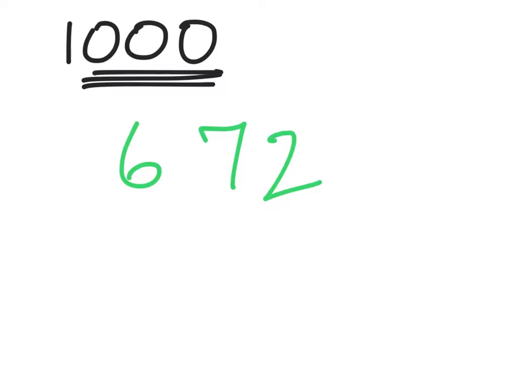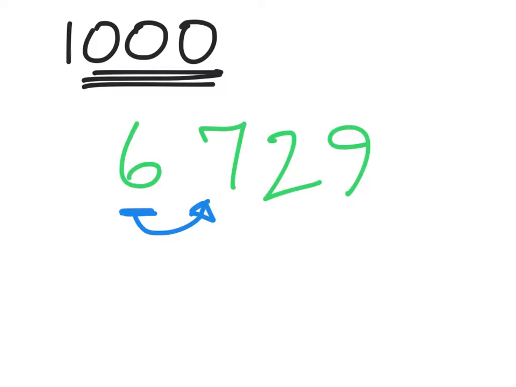When you round to the nearest 1,000, it's the same as nearest 10 or 100, except in this case, my answer is going to have at least 3 zeros. So here's an example. If I have a number like 6,729, I'm rounding to the nearest 1,000, so I find my thousands place value, and I look immediately to the right, and it's a 7.